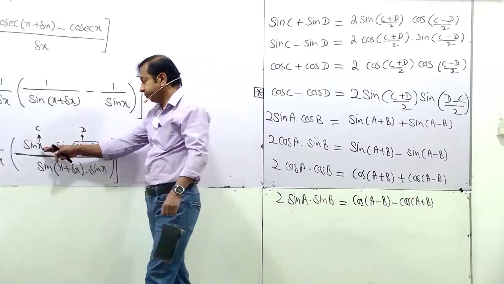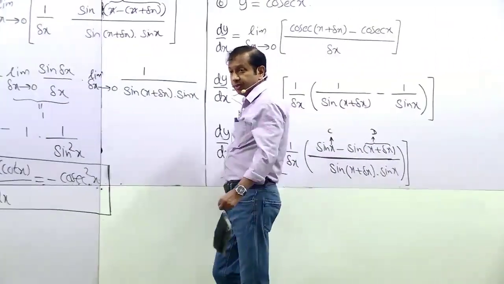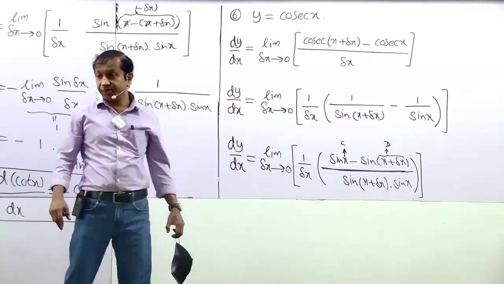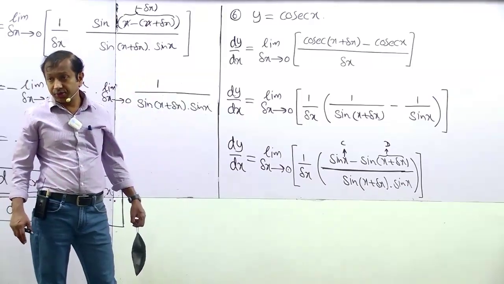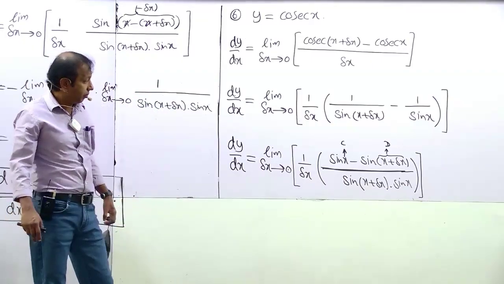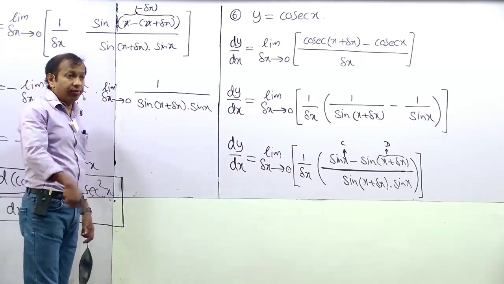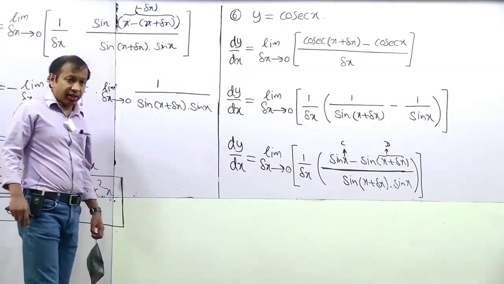After that we are here, and take the answer. You must get the answer minus cosec x cot x. Hurry up. You should know how to prove all this. Sometimes they may ask in the examination to prove.